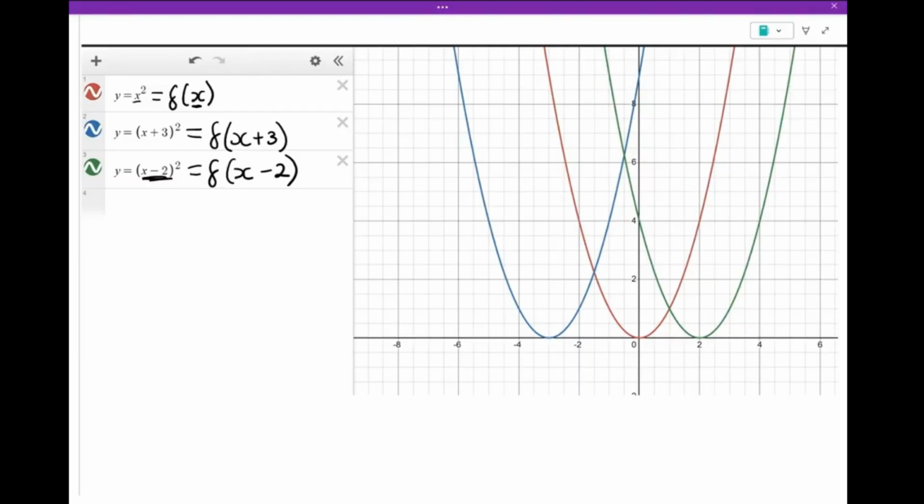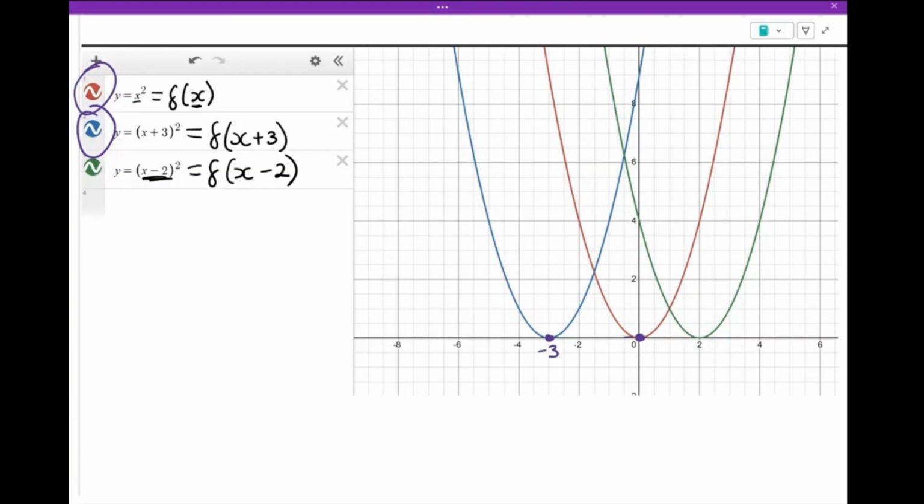Now let's go and investigate what transformation is occurring. I'm going to start by marking on the turning point of my red curve, my top one, y equals x squared, which is at 0 on the y-axis. Now this time we're not moving up and down. Okay, it's not a vertical transformation. It is a horizontal one instead. We're moving to the right or to the left. So let's compare the red curve to the blue curve. I'm going to mark the turning point on the blue curve, which is here, at -3, like that.